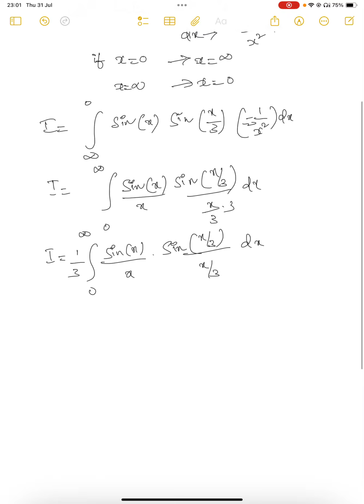Yes, as you can see, these are sine functions, and sine of minus x is minus sine x. This extends to minus x. Sine of minus x is minus sine x, and x extends to minus x. This gets cancelled. This will be a positive term. Similarly, this will be positive. Then this is an even function.